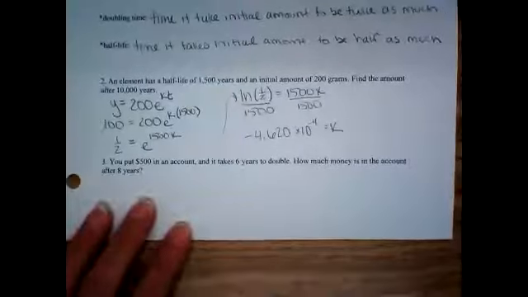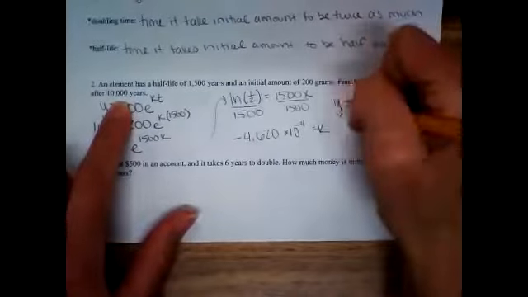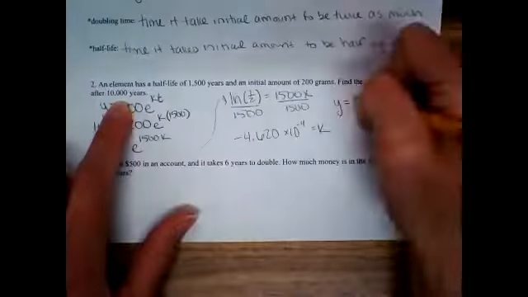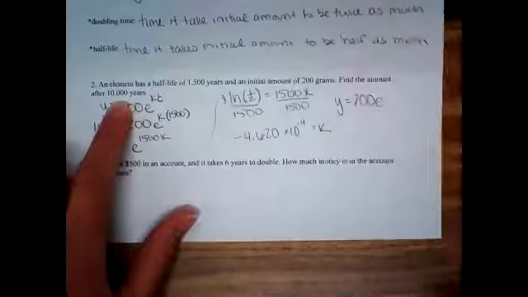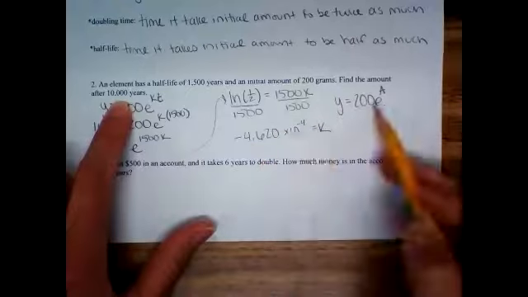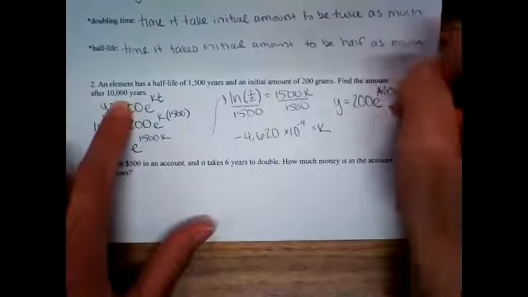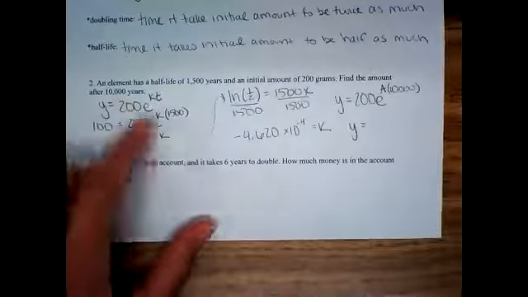All right, find the amount after 10,000 years. So we're going to have y equals, what did we start with, 200? 200 e to the power, I'm not going to write all of this all over again. I have it stored as A, so I'm just going to write A times 10,000. And that's what you're going to put in your calculator to get your final answer.